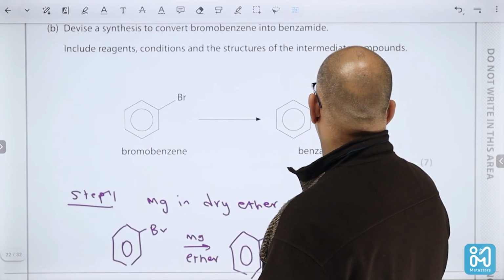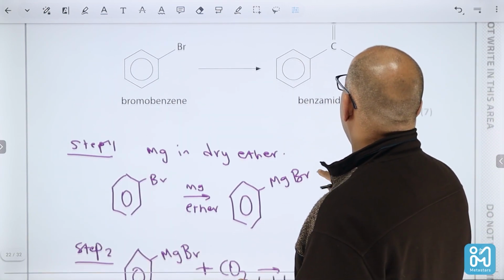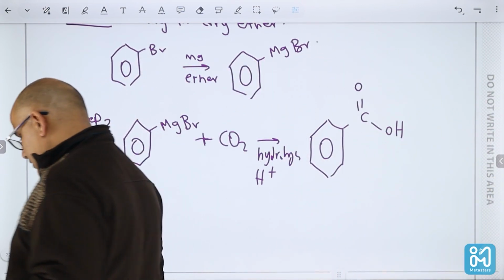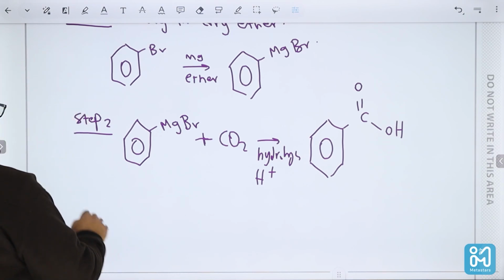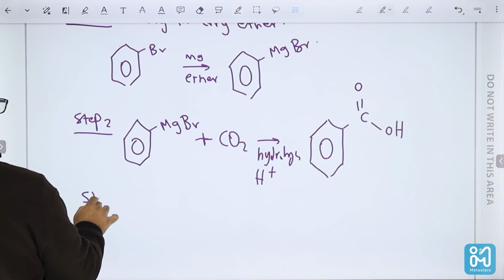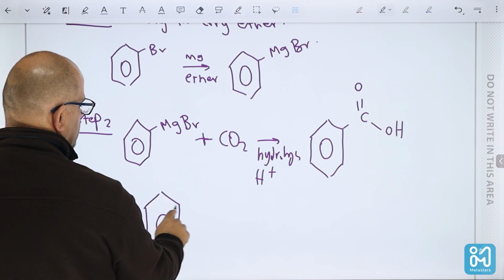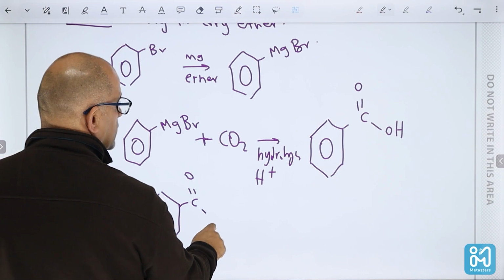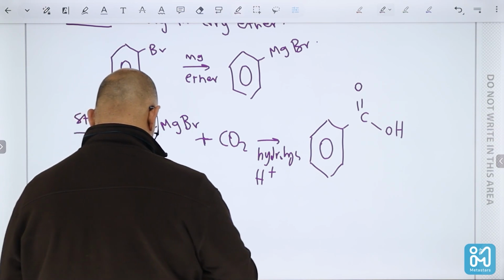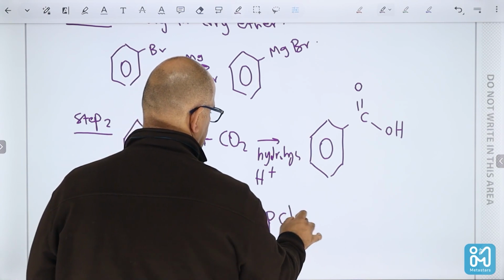After that, you can't react the benzoic acid directly with amine. You shall convert it into acyl chloride. So step 3, for this reaction, you will react this one with PCl5.